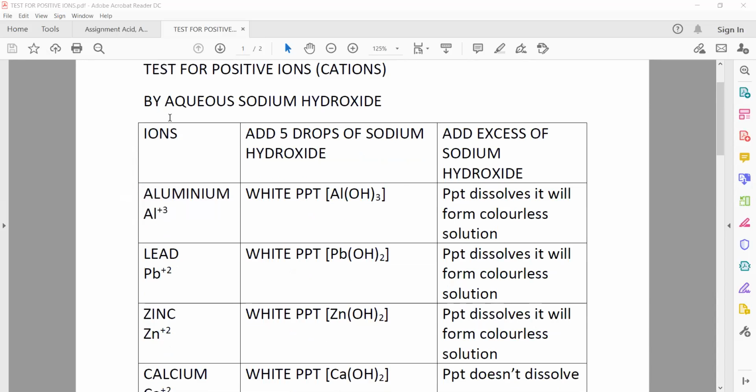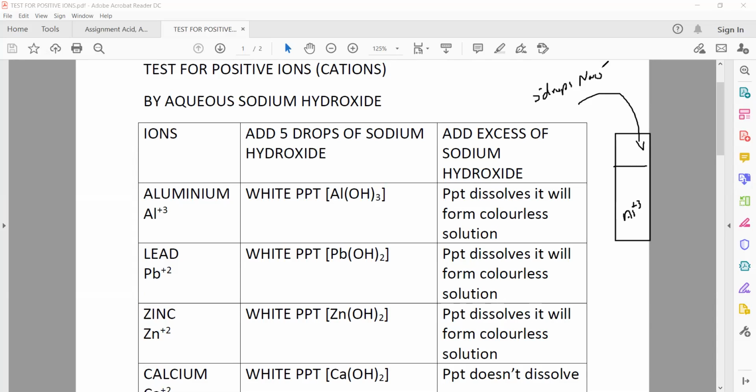For example, if a salt contains aluminium, you have a container or a test tube, and the salt contains a positive and a negative ion. If the positive ion is aluminium ion, Al3+, you first add 5 drops of sodium hydroxide.